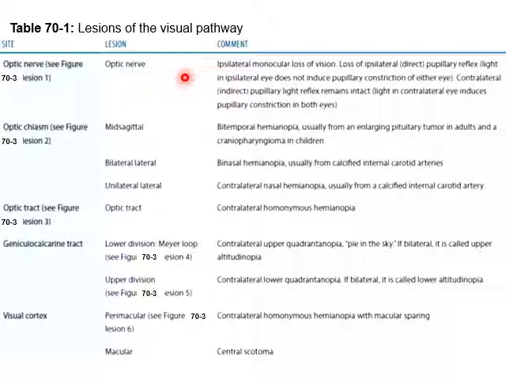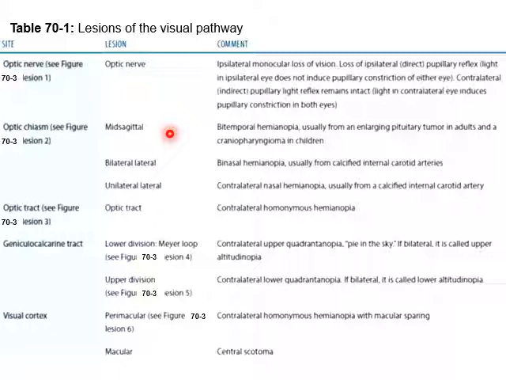Now let's see what happens if you damage the optic chiasm. The optic chiasm can be damaged in several ways. Whether it is a midline lesion, as I have shown you in the previous example. If you cut it in the midline, you will get bitemporal hemianopia.